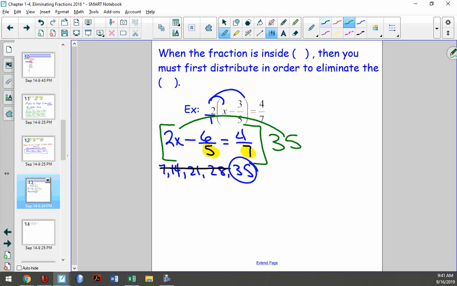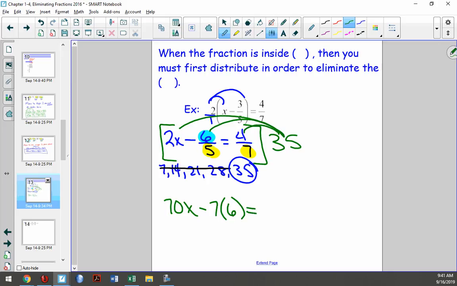So if I distribute to the first term, that's a multiplication. That's not a fraction. So 2 times 35 is 70x. This is a fraction when I multiply 6/5 times 35. So I'm going to do the division first, which is what we learned with the cross canceling. So 35 divided by 5 is going to be 7. And I drop down this lovely numerator of 6 equals, go to the last fraction.